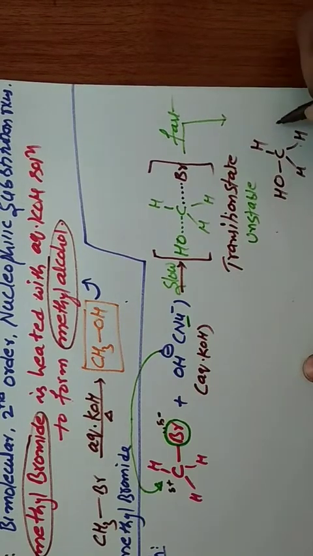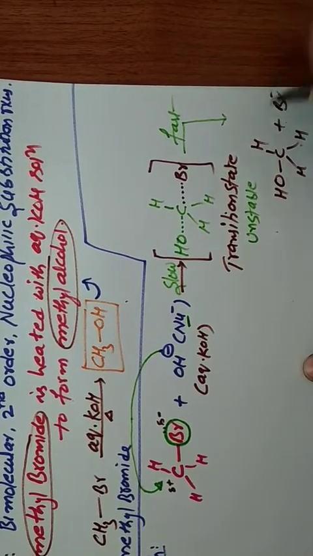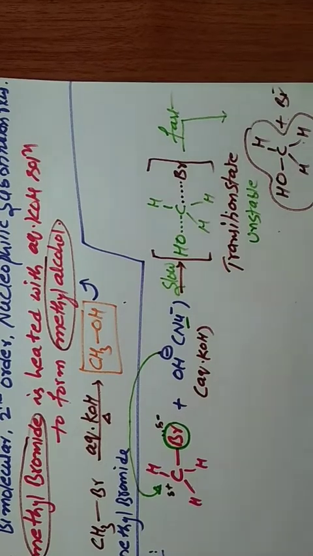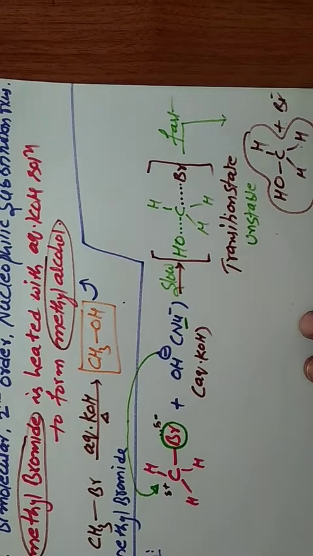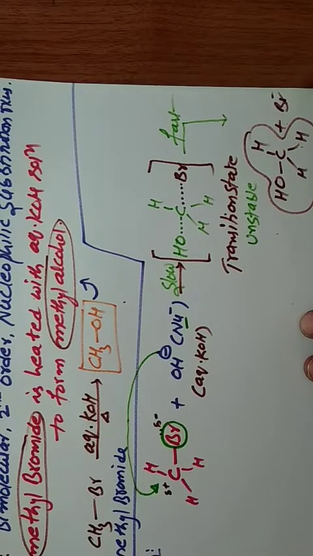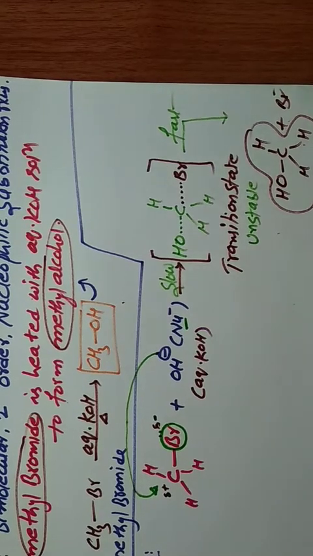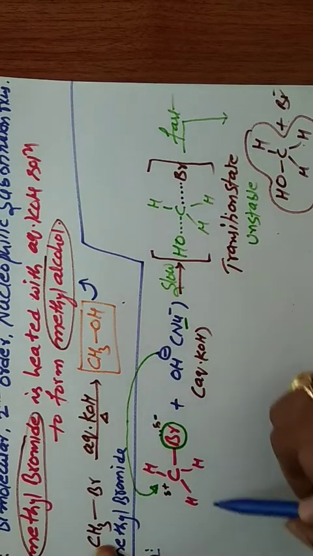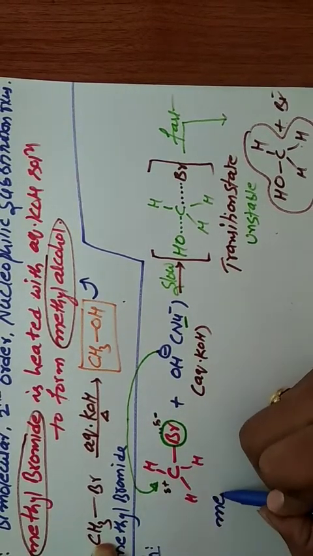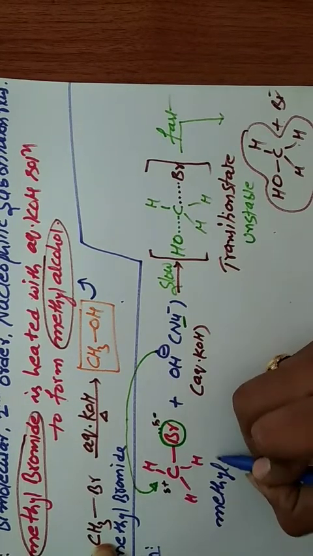Once again, this is the alkyl halide molecule, methyl bromide. Methyl bromide reacts with a nucleophile. That means aqueous KOH releases the nucleophile OH minus. This OH minus approaches the alkyl halide from the opposite side of the halogen atom.